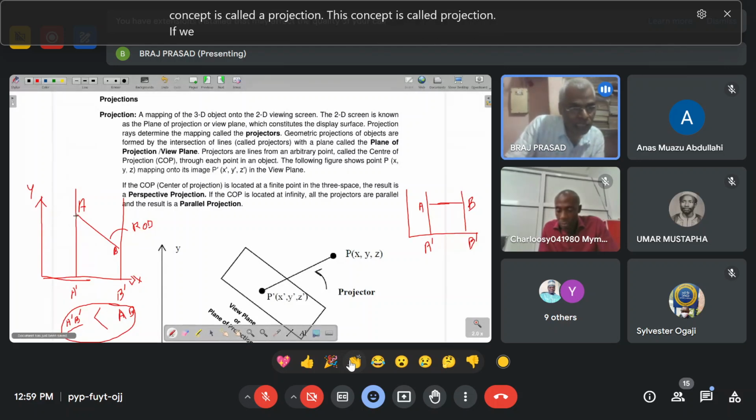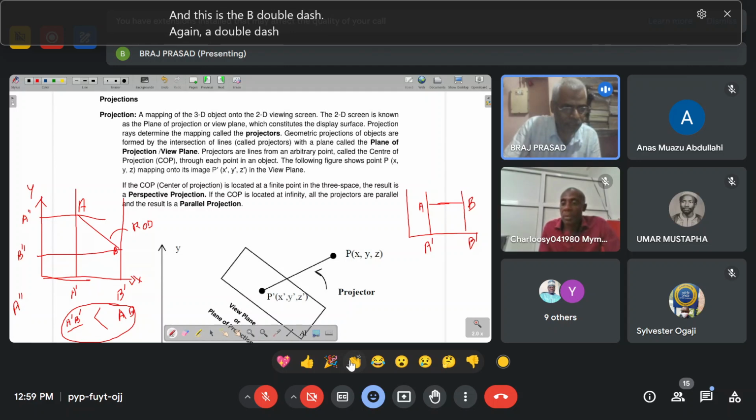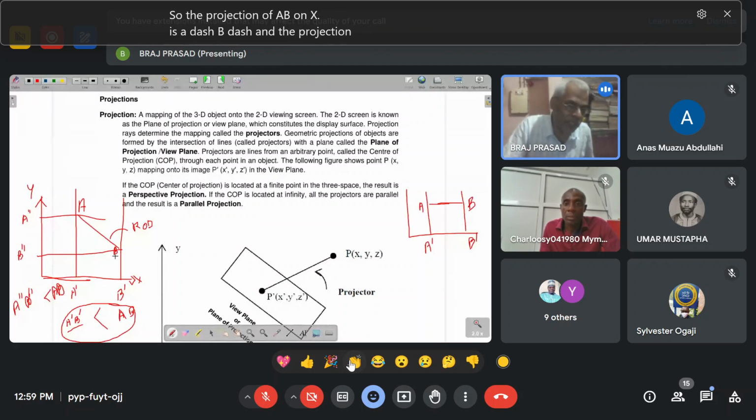If we project this rod on the y-axis, we draw two perpendicular lines from this end to y, and this is A double dash, and this is B double dash. Again, A double dash B double dash is less than AB. So the projection of AB on x is A dash B dash, and the projection of AB on the y axis is A double dash B double dash.